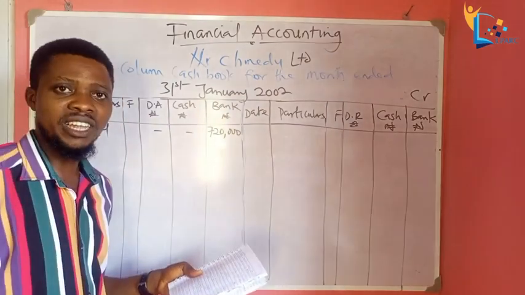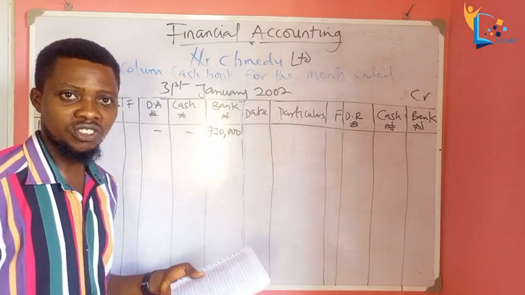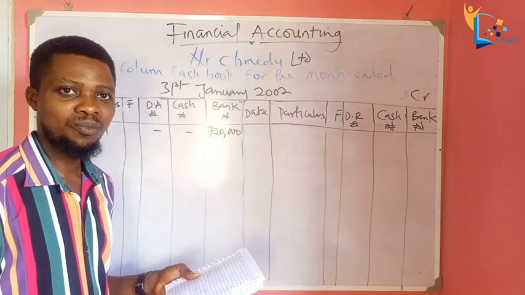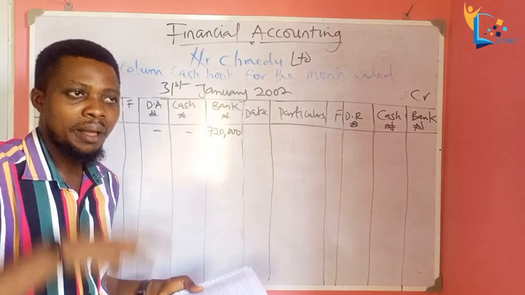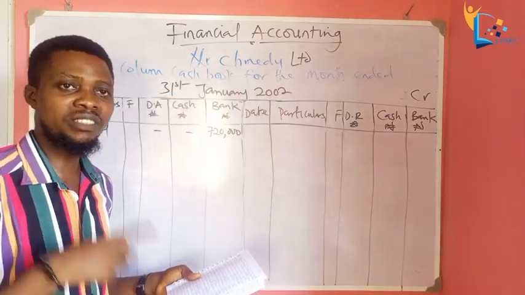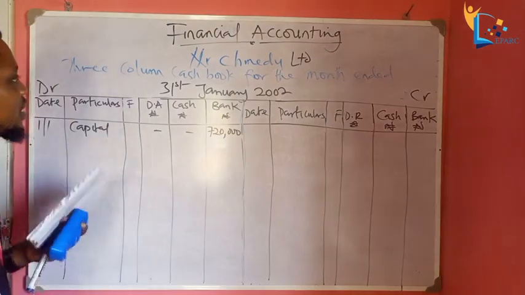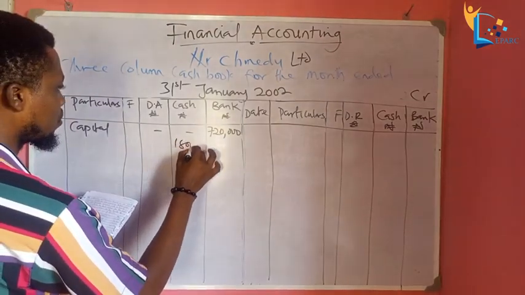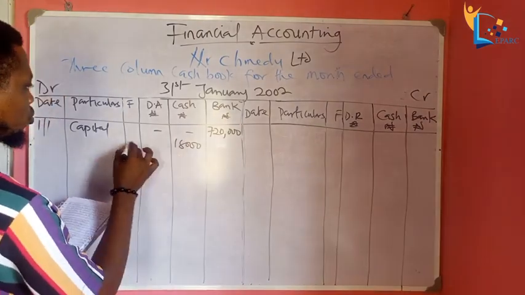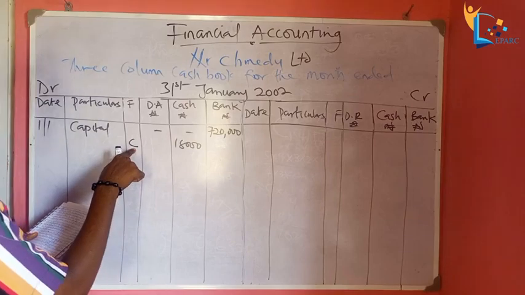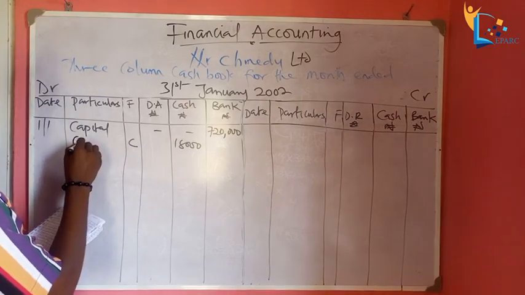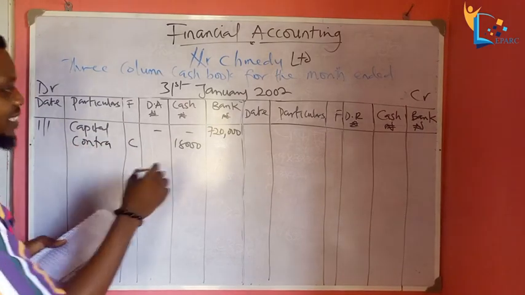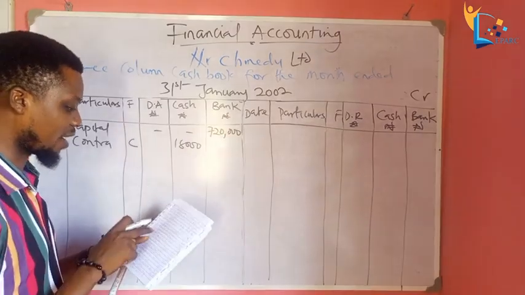So who is receiving? Office is receiving, bank is giving. So cash is receiving, bank is giving. So debit receiver, you come here. Debit receiver, how much? 18,000. You put your contra entry sign. Then debit receiver, then credit giver.